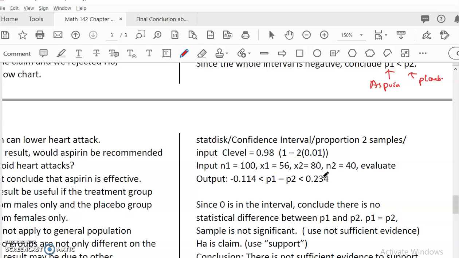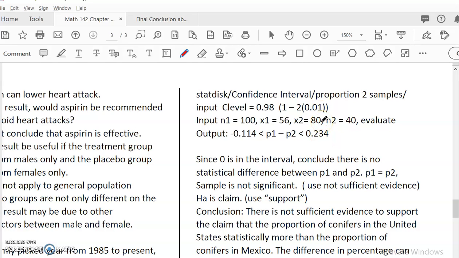What conclusion can we make? We could actually use that particular p-value, but we can just look at the answer here. The 0 is in the interval, right? Because you have negative 11%, positive 23%, so 0% is kind of here. So we say because 0 is in the interval, there is no significant difference.